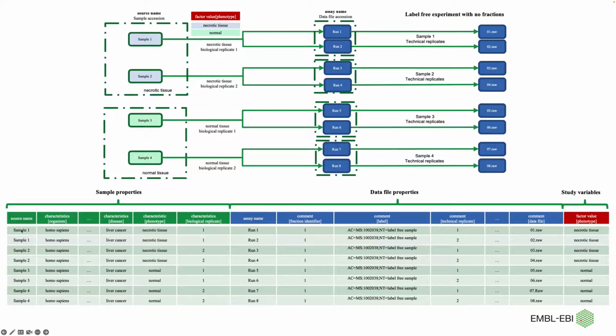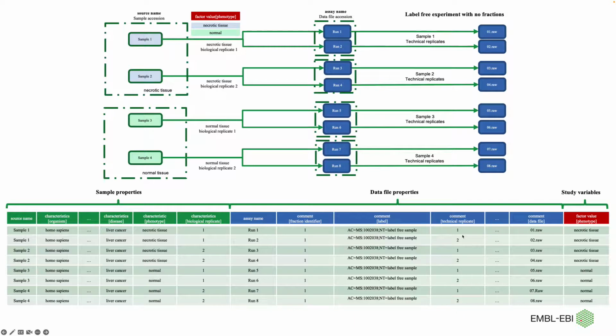This sample 1 with the same accession is repeated twice, and it's basically because this sample, which is the same biological replicate, actually contains two technical replicates. This is not fractionated, but you have two technical replicates of the sample.